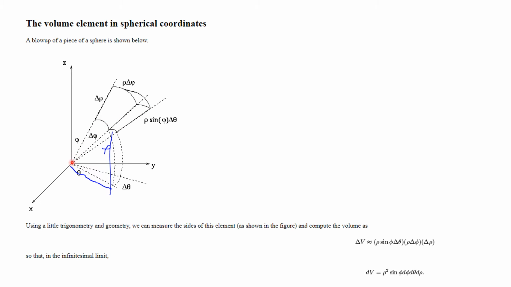So here I'm going out, and this is a little wedge, so rho goes from rho, and then this side is delta rho. Now if I fix rho and just let phi go, the only thing that's changing for fixed rho is phi. So this is rho delta phi.